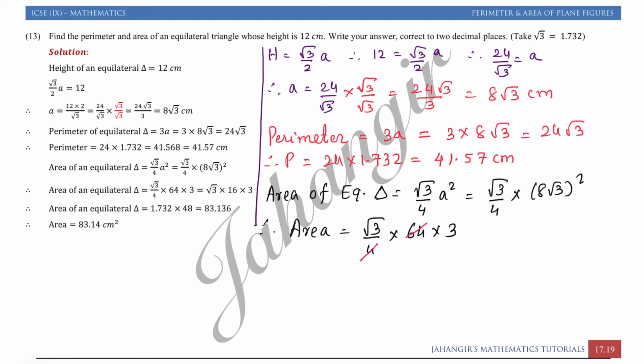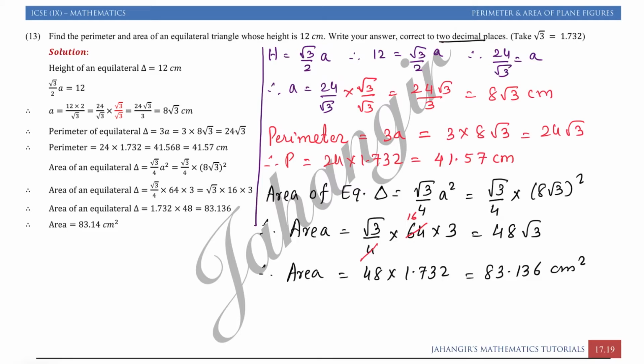Cancel out, 4 ones are 4, 16 threes are 48. 48 root 3. So therefore area is equal to 48 into root 3, value is 1.732, that is 83.136 centimeter square. You can round it off to 2 decimal places as it is given in the question. Area is equal to 83.14 centimeter square.